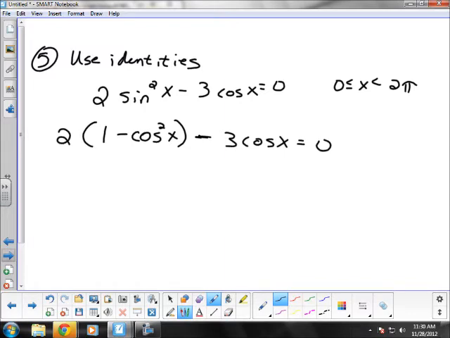Everybody see what I did? So I've used this identity, so now I've got everything in terms of cosines. Now when you distribute through, you get 2 minus 2 times the cosine squared of x minus 3 times the cosine of x is equal to 0.